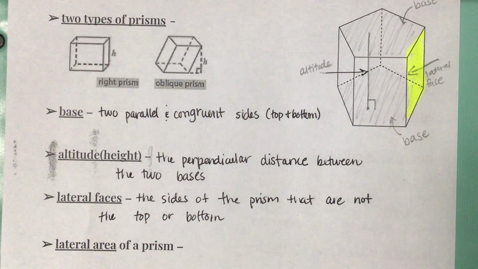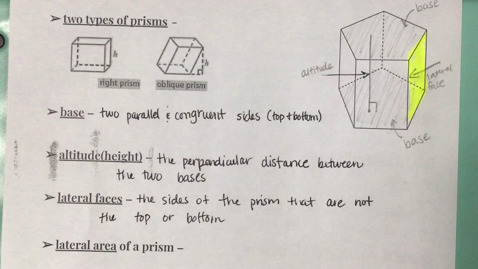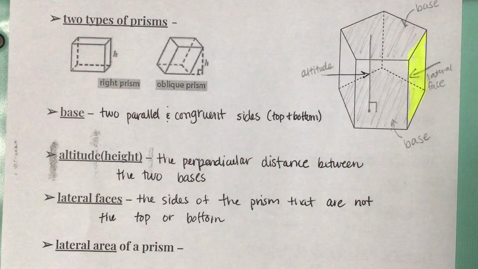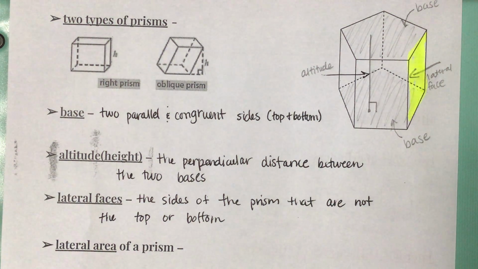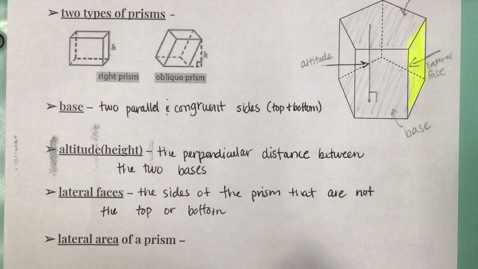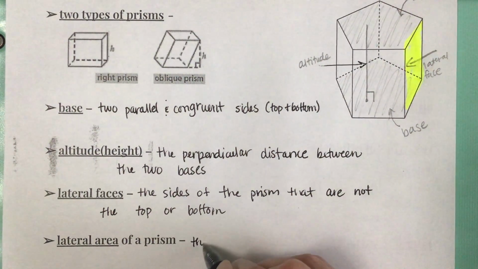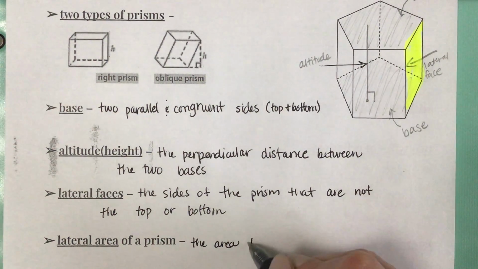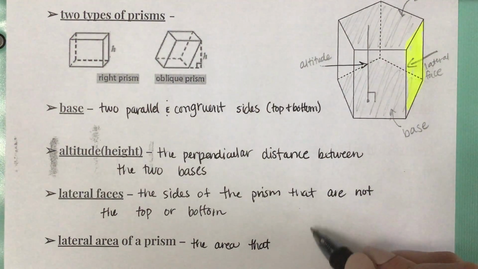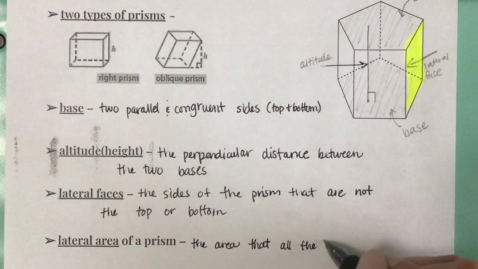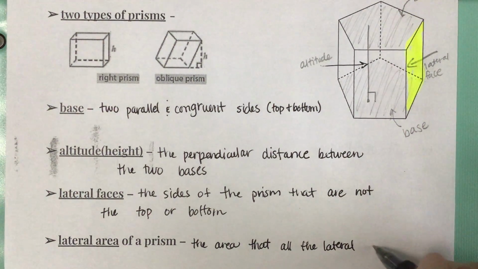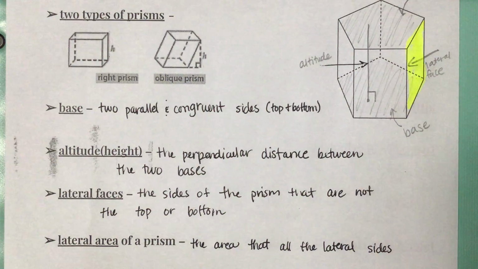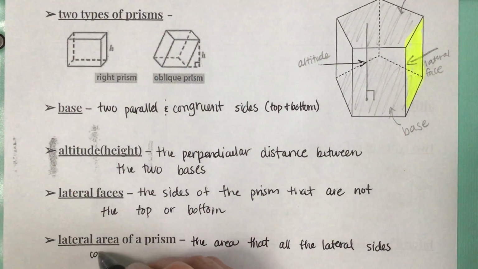So in order to calculate lateral area, you need to figure out basically the amount of space that goes around the sides of the solid altogether. So first of all, lateral area is the area that all the lateral sides collectively take up.